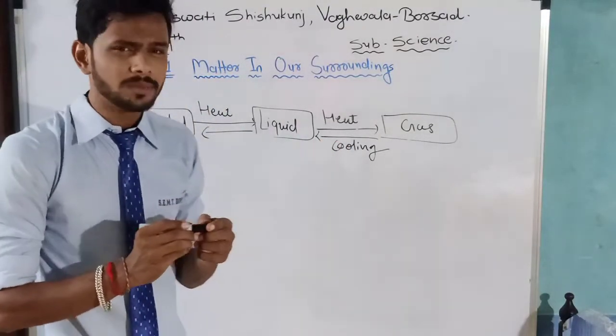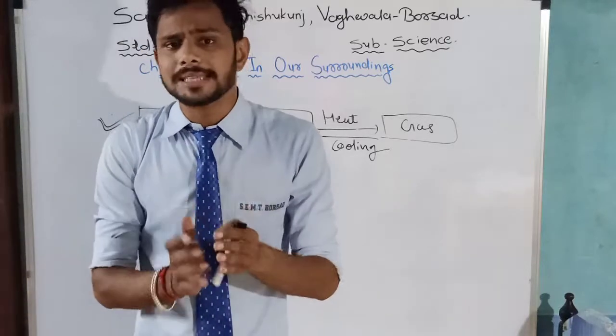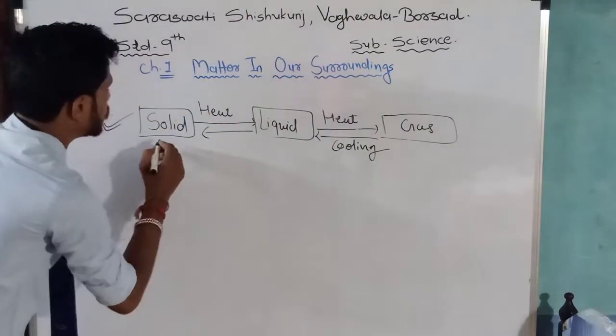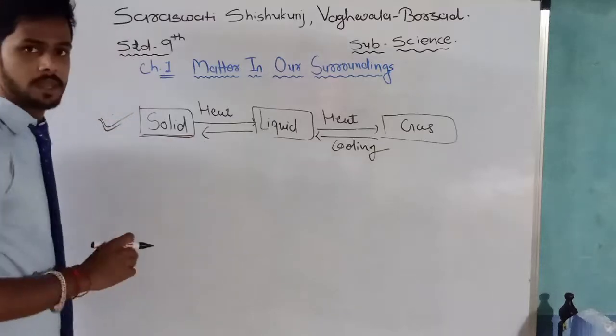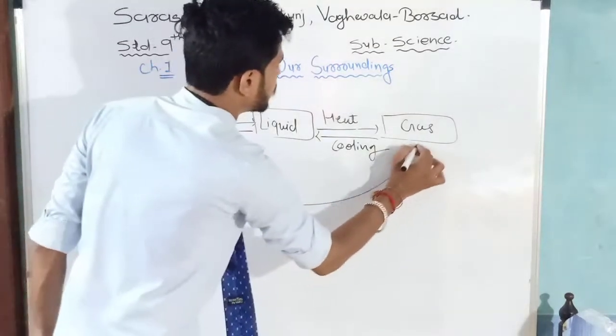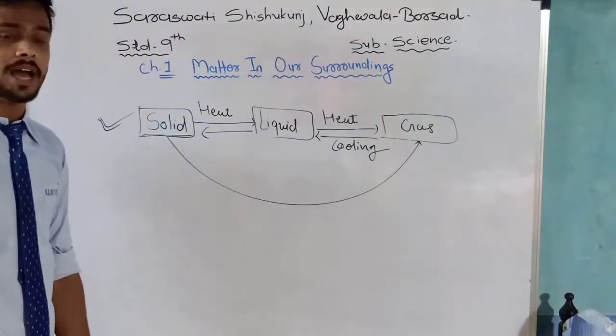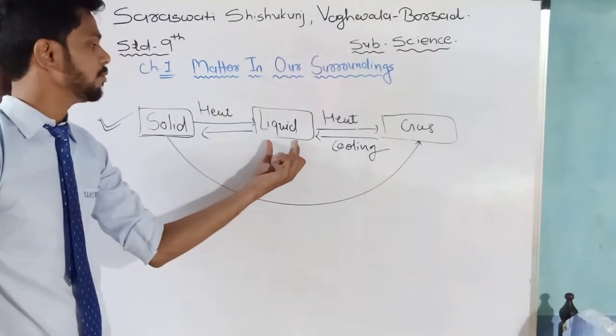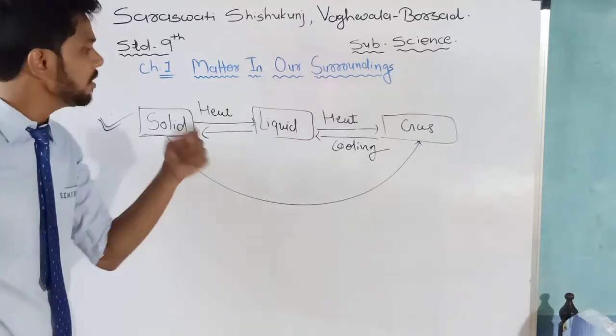But can you give me some example, that if I am going to heat this solid substance, it is directly converted into the gas without involving the liquid state, and vice versa.